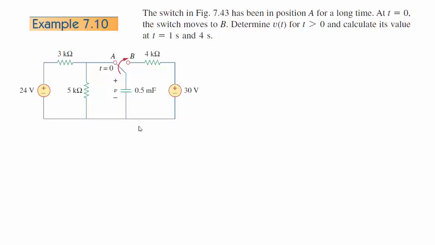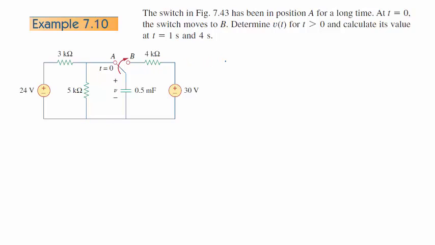For a time less than 0, it's been in A for a long time, so we can assume at that point that the capacitor is fully charged, charged to its maximum value, and therefore it's behaving as an open circuit. So if it's an open circuit right here, the voltage between A and here is the voltage across this resistor.